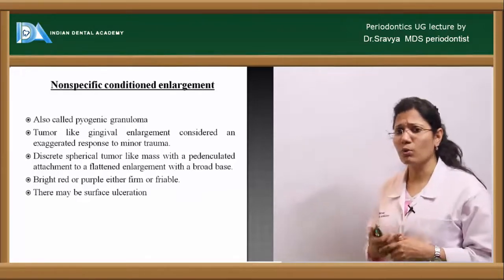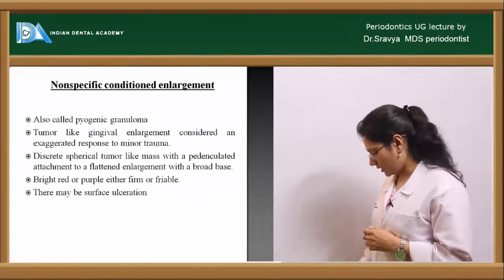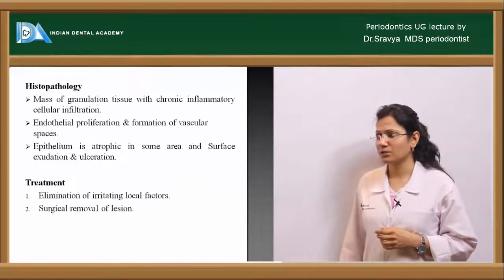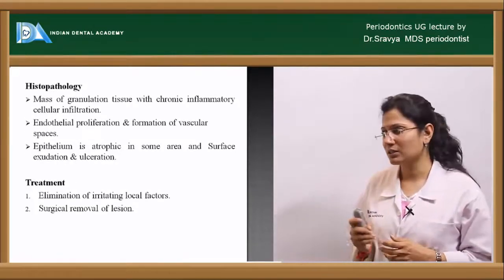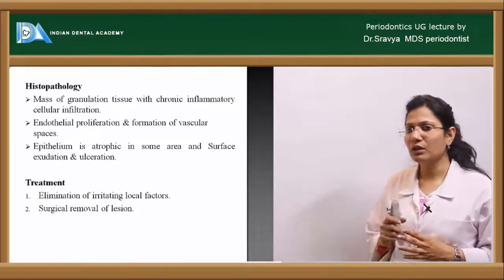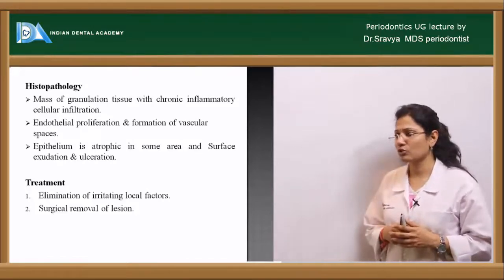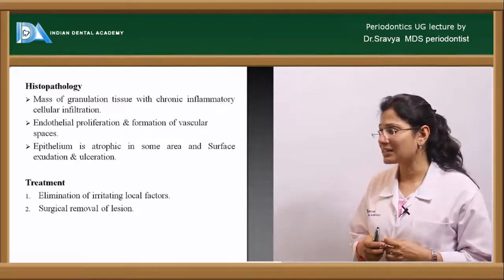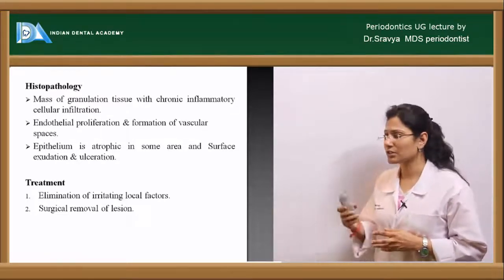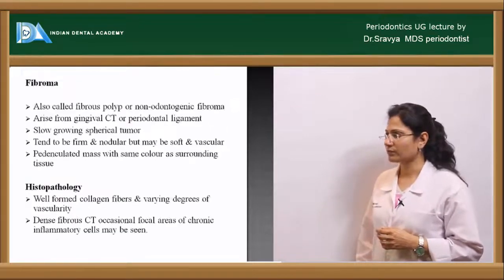The tissue is friable and firm, and surface ulceration may be present. The treatment would be elimination of the irritating local factors and surgical removal of the lesion. In the histopathology section, the mass of granulation tissue will have a lot of chronic inflammatory cells and endothelial proliferation, and the epithelium would be atrophic.